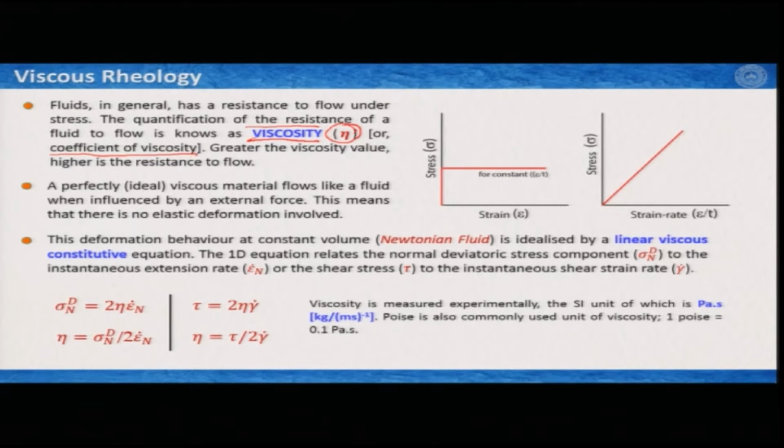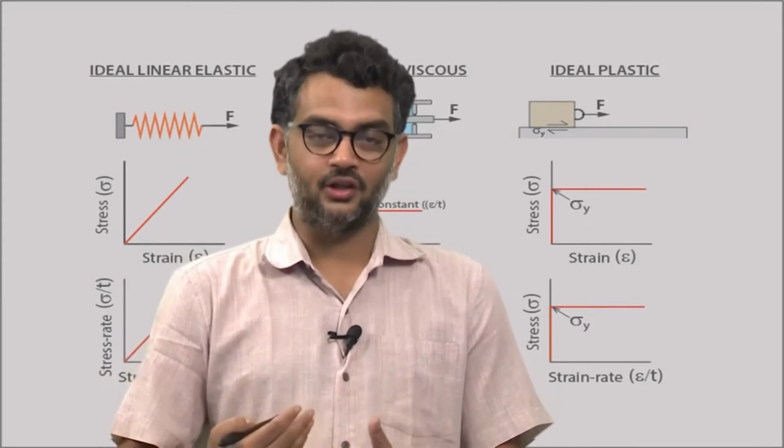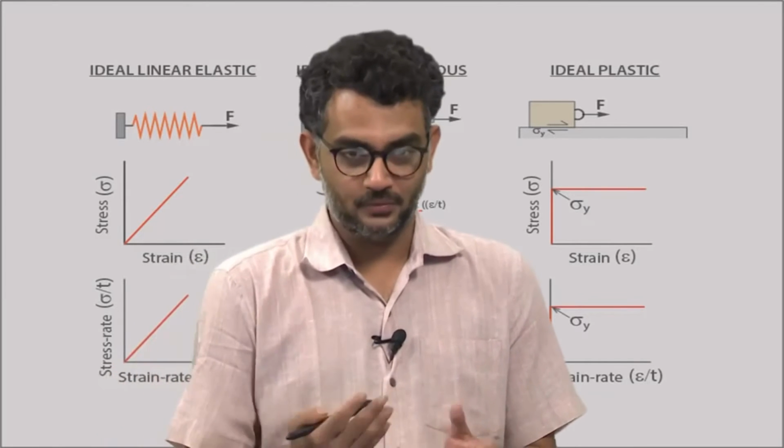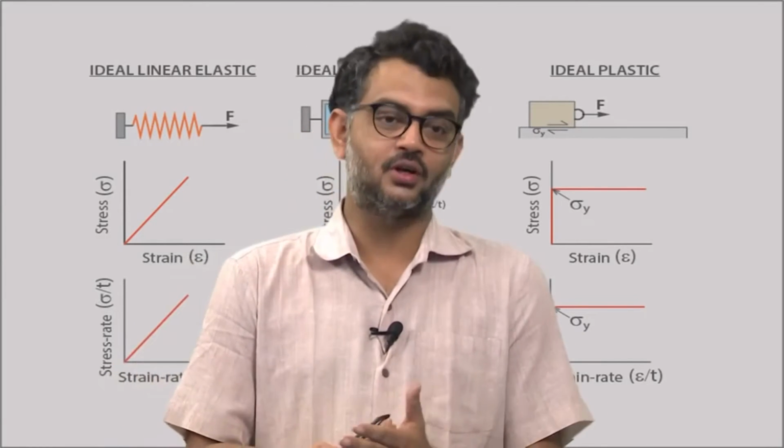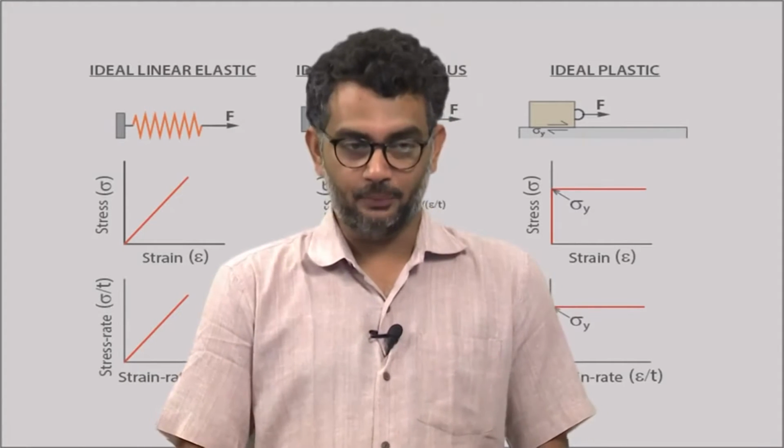Now, the greater the viscosity value, the higher is the resistance to flow. So, honey is a highly viscous material compared to water. So, when you say viscosity is high, that means it has higher resistance to flow.